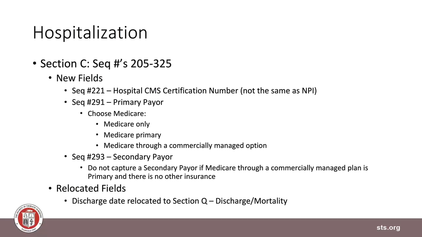If the patient has Medicare with Medigap coverage, the insurance company providing the Medigap coverage should be marked as a secondary payer in sequence number 293. If the only insurance is a commercially provided Medicare plan, then secondary payers should be marked no. And finally, the discharge fields are no longer located within the hospitalization section. They were relocated to the discharge mortality section at sequence number 7008.